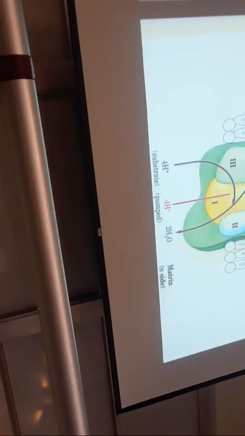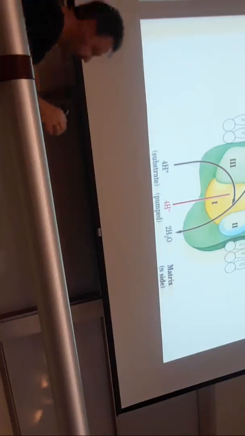So you may remember that in this overview slide that showed the Mitchell hypothesis, for complex 4, only 2 protons are being transported from the matrix to the intermembrane space, and I pointed out that you may see different numbers. You shouldn't get confused by this.